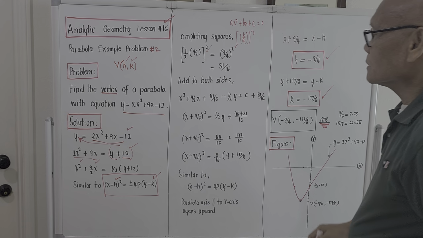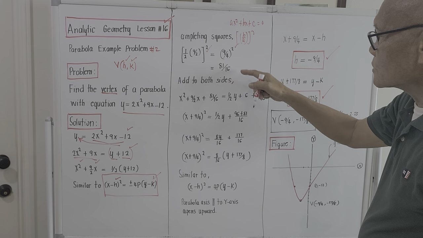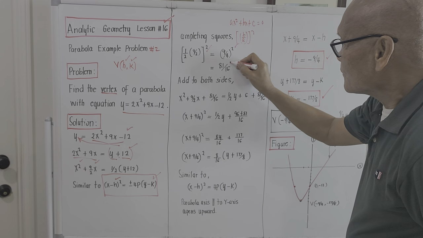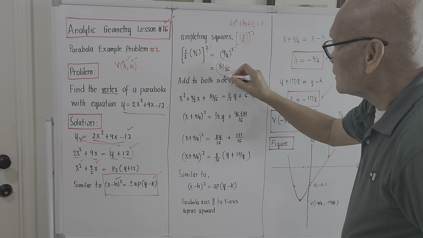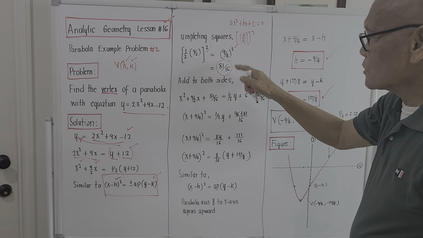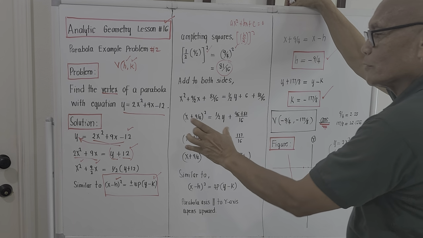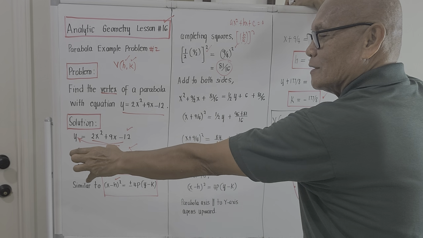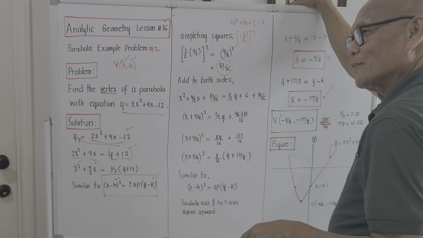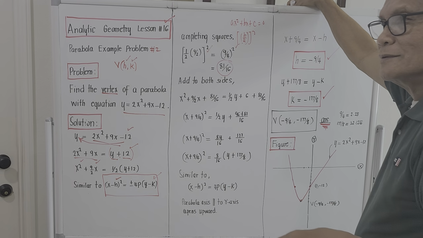If we square it, it will become 81/16. And what's the significance of this one? The significance of 81/16 is that if we add this one to the one on the left, it will become a perfect binomial square.